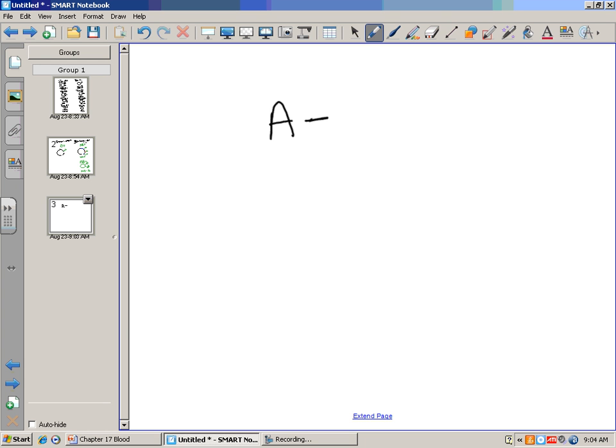If you're negative, I just wrote A because that's the first thing that popped in my head. Okay? If you're a mommy and you're negative for the RH antigen, you're going to have anti-RHs, right?